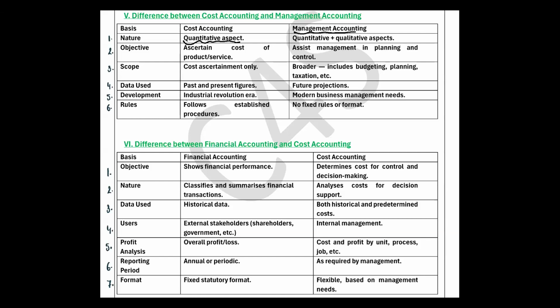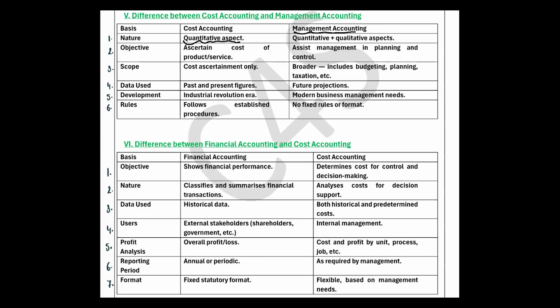Whereas RBI direct action and moral suasion of RBI, these terms are qualitative. They also impact the money supply, but they have no numbers assigned to them. Is it clear? Similarly, with this analogy, you can understand management accounting is not only about the data, it is also about managerial skills. So it is quantitative and qualitative, right?